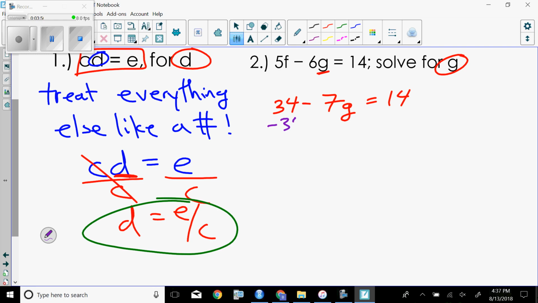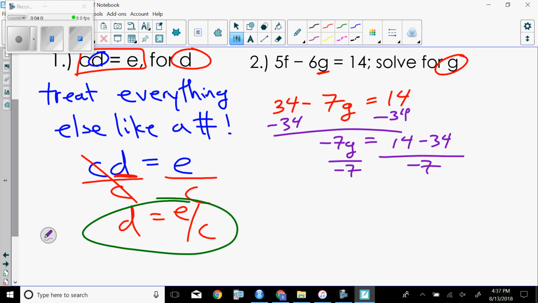You would subtract 34, right? You get negative 7G equals some number over here, so that's 14 minus 34. And then you would divide by negative 7, and that whole side you divide by negative 7. And somehow you get G equals 14 minus 34, all divided by negative 7. Of course, those are numbers, so we could do that.